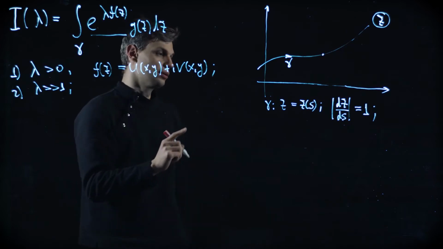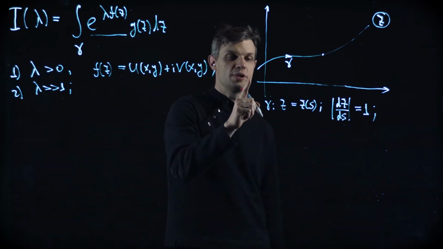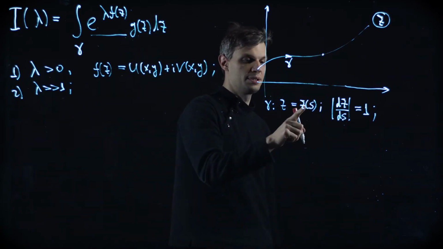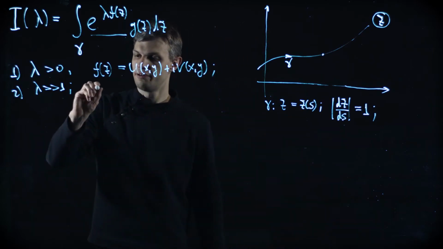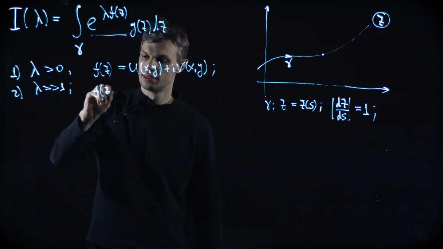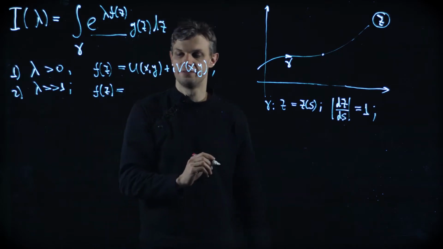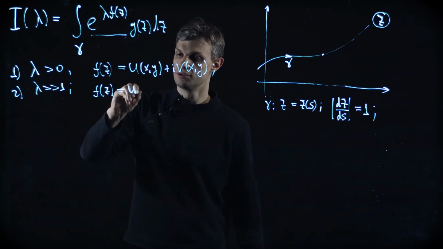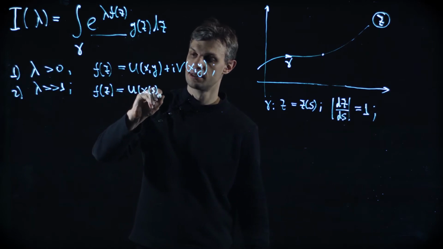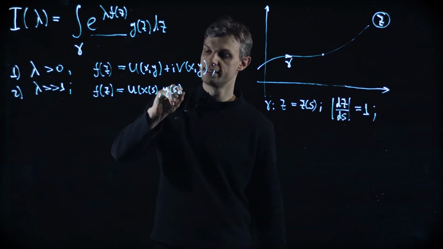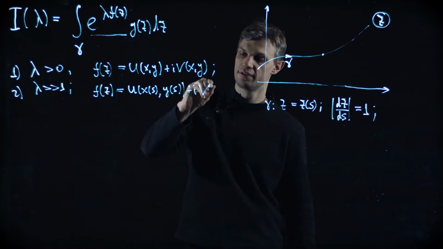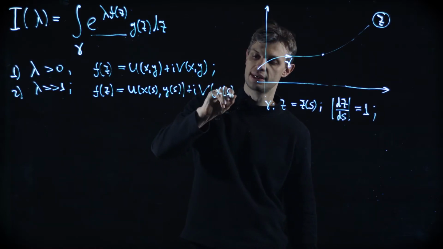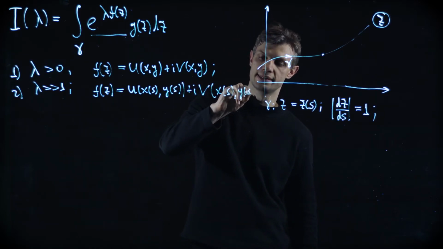Right. Since we take the integral along the contour, which is parameterized by this s, now our function f of z becomes effectively a function of the parameter s. So u of x of s, y of s plus i v of x of s, y of s.